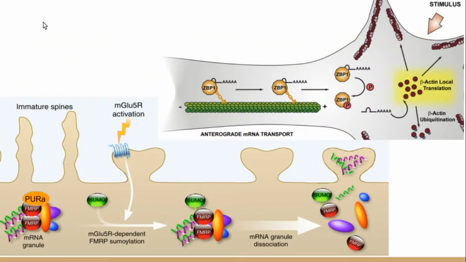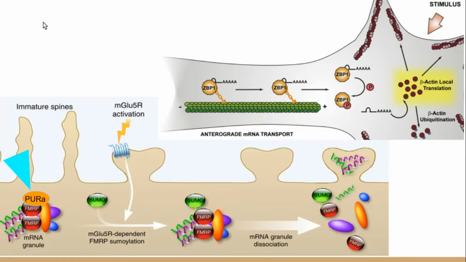RNA is typically transported in large tangled granules of mRNA. These RNA granules are nucleated by various RNA binding proteins like PURA or Pur alpha, and also Pur beta, and also some other proteins like Staufen or FMRP.